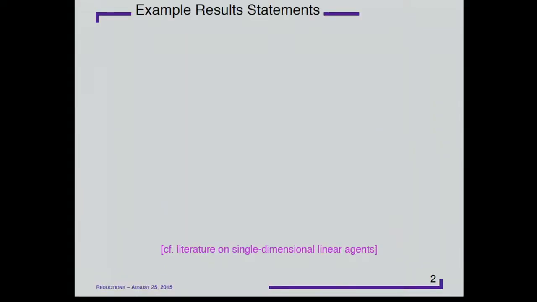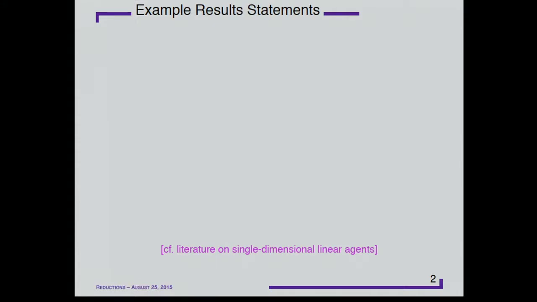Okay, so I want to start out by giving you some results that will be consequences of the theory I'm going to develop, so you can see what we're working towards. Most of this talk, today and even tomorrow, will be trying to draw connections between the multidimensional nonlinear setting of mechanism design, which is not as well understood as the simpler single-dimensional linear settings that the classical economic theory has described.